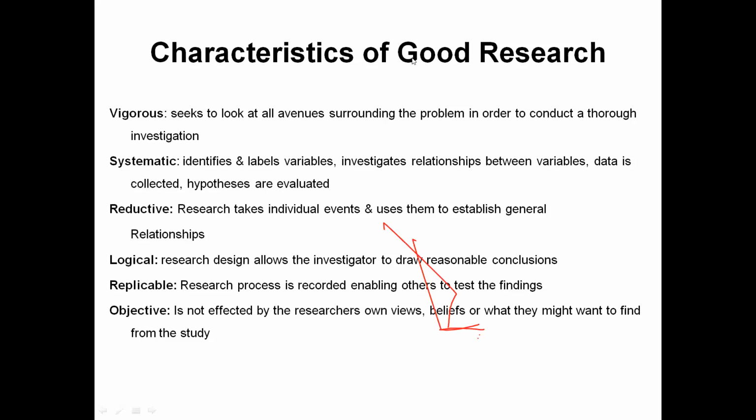There is a set of rules, there is a set of concepts, principles, theories, models, methods that we need to adopt and follow. You cannot develop your own rules or methods to conduct research. You need to identify and label the variables. That is very important.